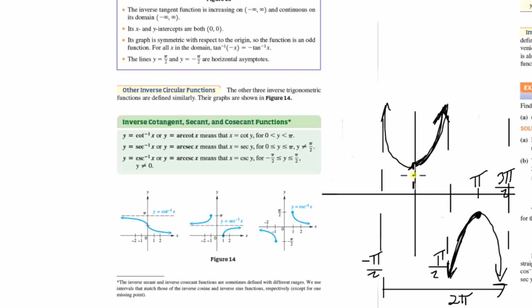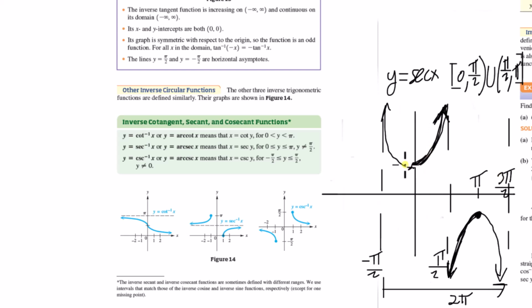So y equals secant x is not 1 to 1, but y equals secant x going from 0 to pi over 2, not including pi over 2 because it's a vertical asymptote, in union with pi over 2 to pi, including pi, is 1 to 1.